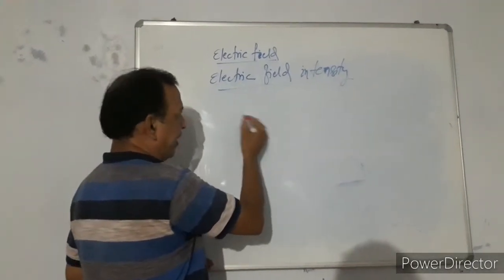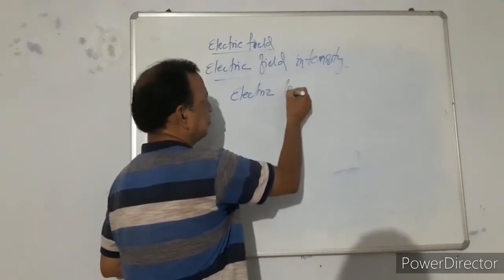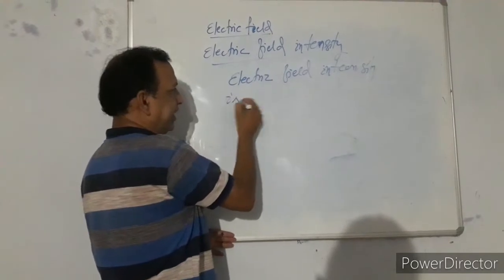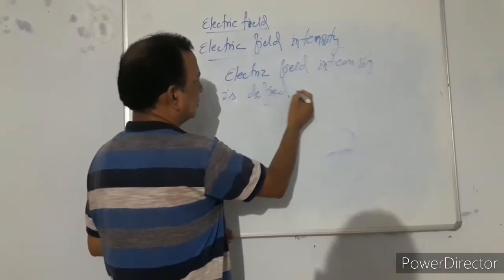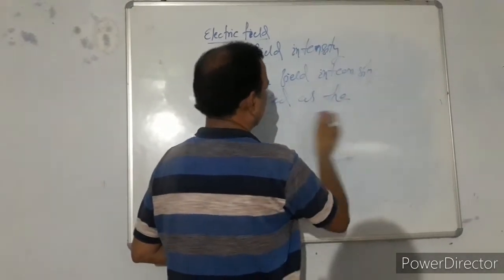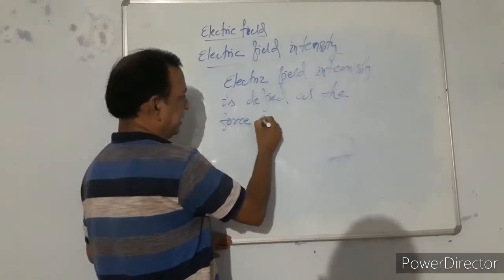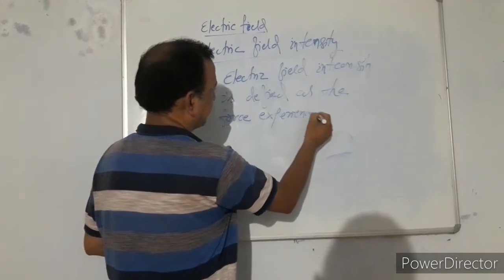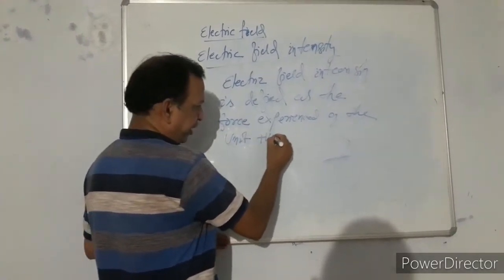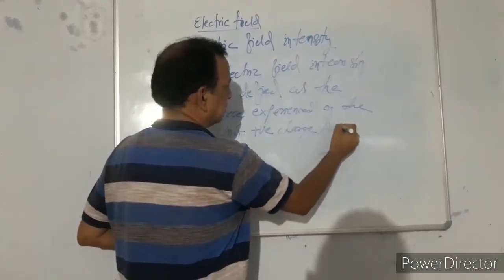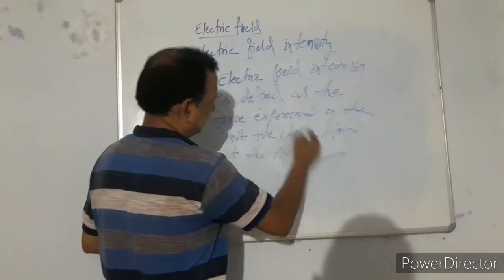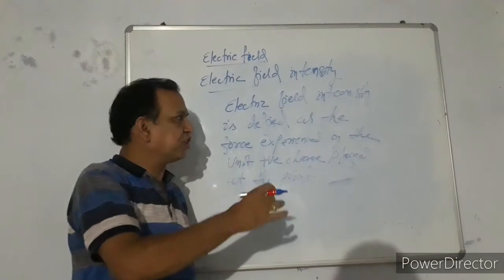Electric field intensity is defined as the force experienced by the unit positive charge placed at the point.